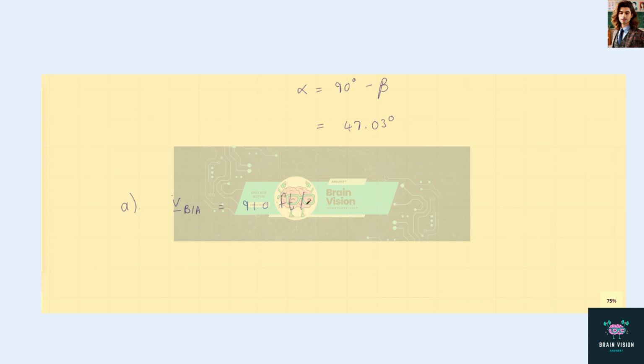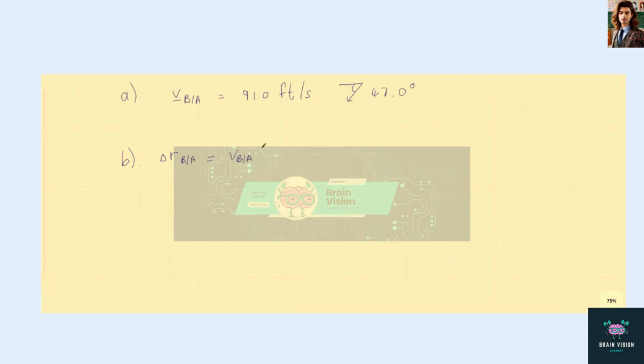And so the relative velocity of B with respect to A is equal to 91 feet per second at an angle of 47 degrees below the negative x-axis. And the change in position, if delta t is 4 seconds, of B relative to A is equal to the velocity of B relative to A times a time of delta t.